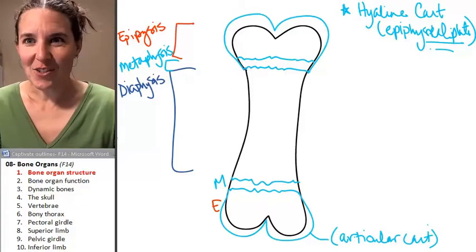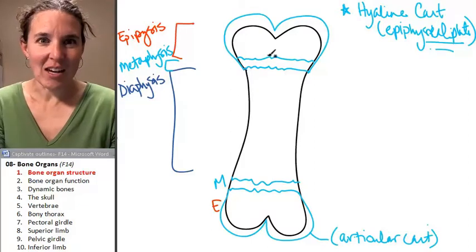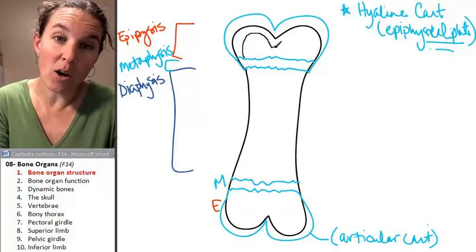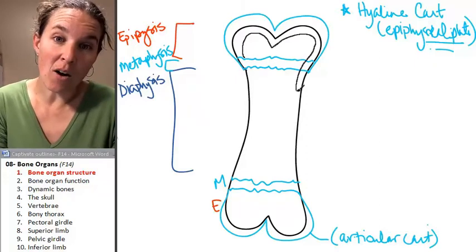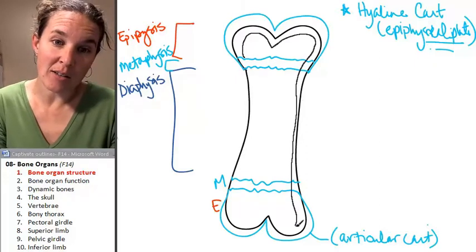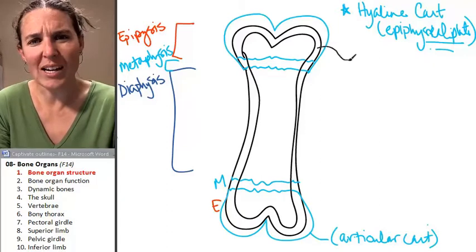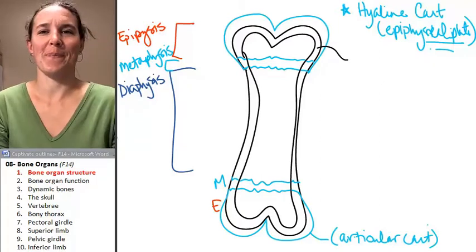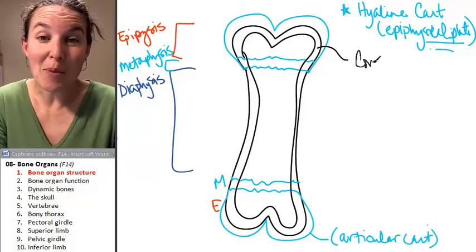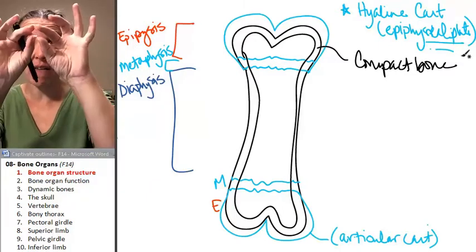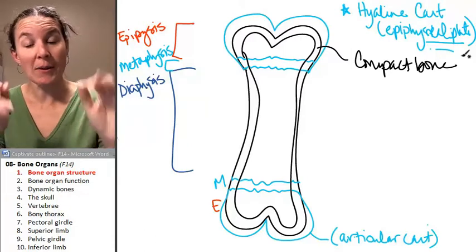So what other kinds of tissue do you think we're going to have in our long bone? Well, hopefully all around the edge here, what do you see? What kind of tissue is this? Compact bone, my friends. Most bones have compact bone around the edges.